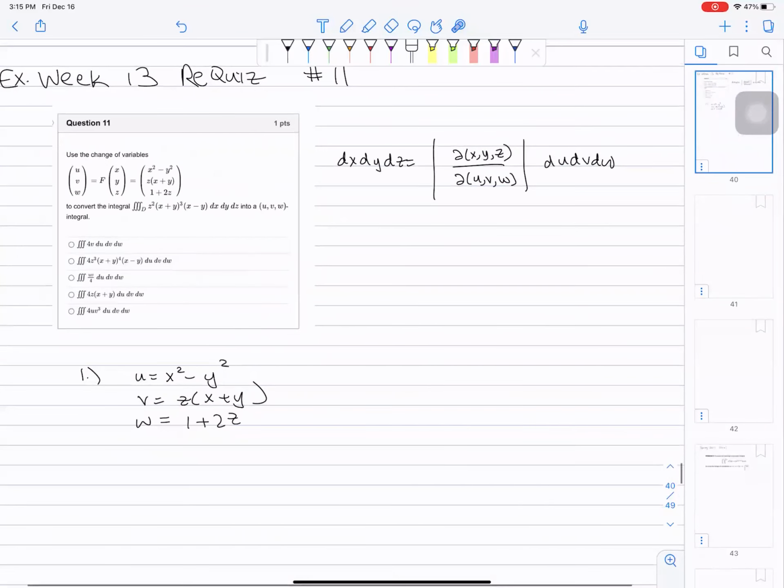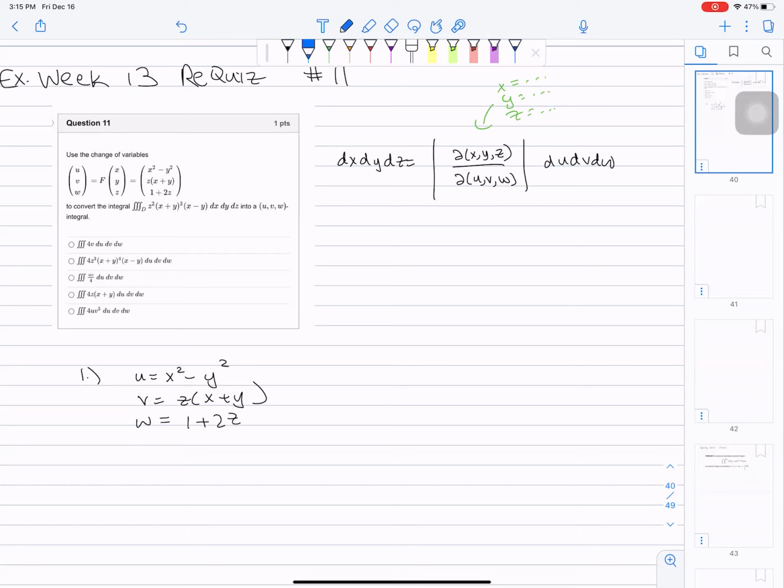But we notice a slight problem, because in order to calculate this Jacobian, this requires us knowing what x equals, y equals, z equals, so that we can take the partials and get our Jacobian matrix. But we don't have these. We only have that u equals something, v equals something, w equals something.